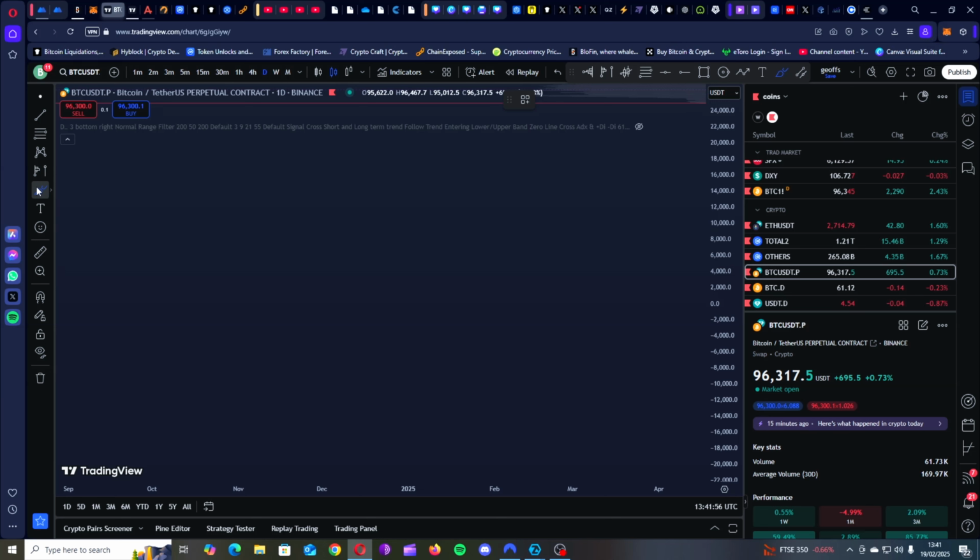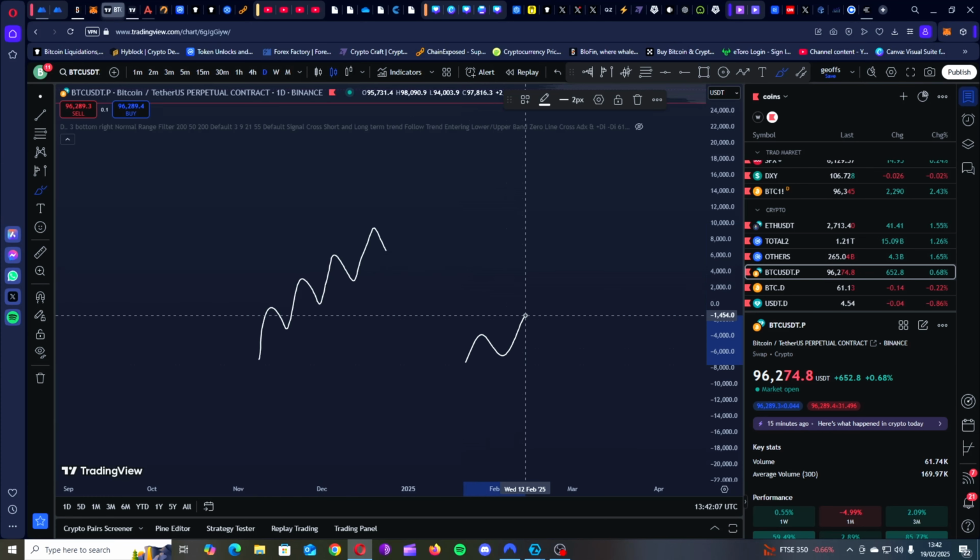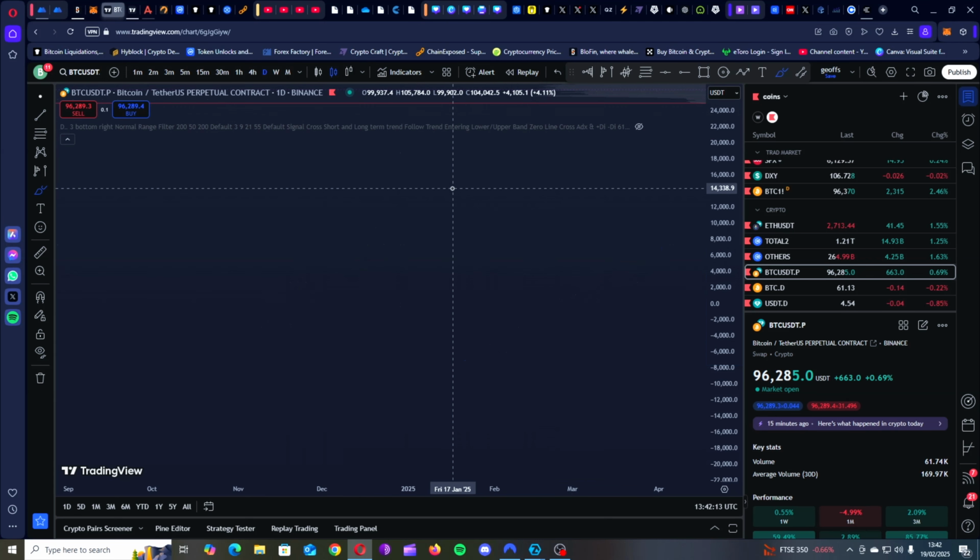So you've got obviously CVD in line with a nice smooth trend as price is doing this. CVD's doing this. That's a nice smooth trend. And then we've got the second state, which is CVD is not in line with price, indicating a lack of participation.